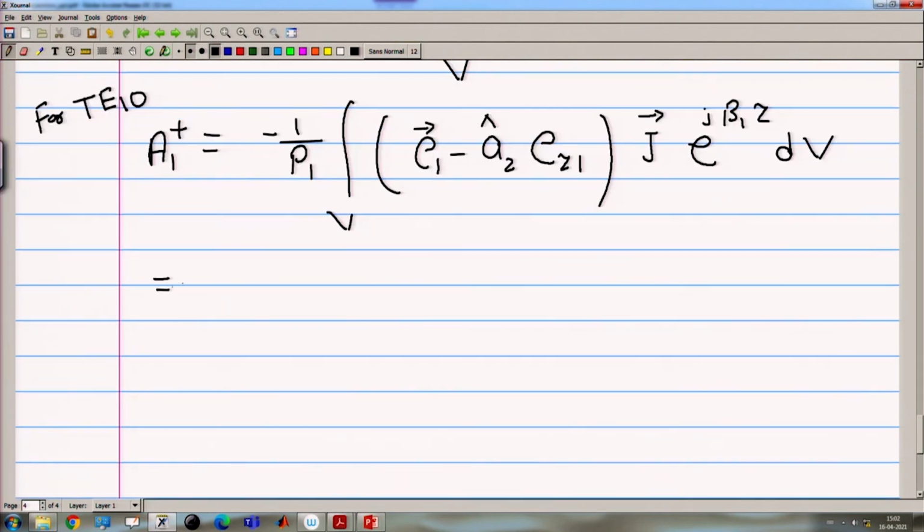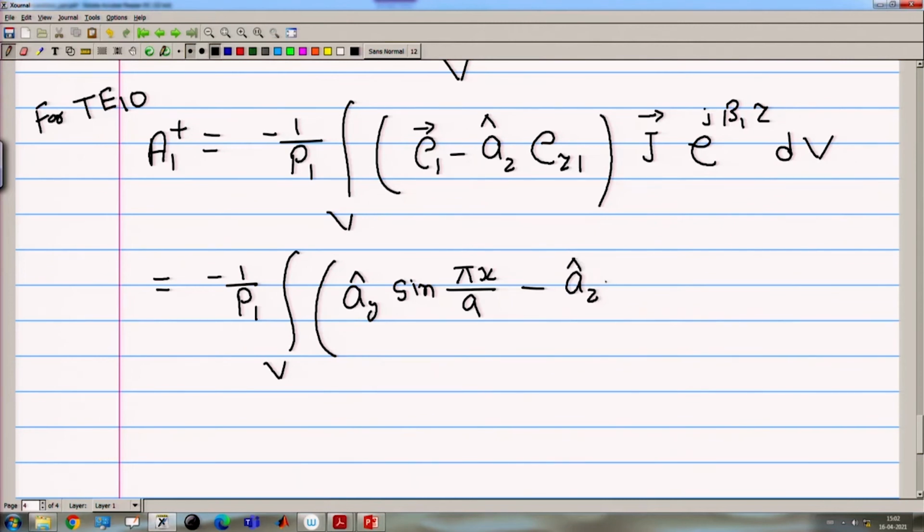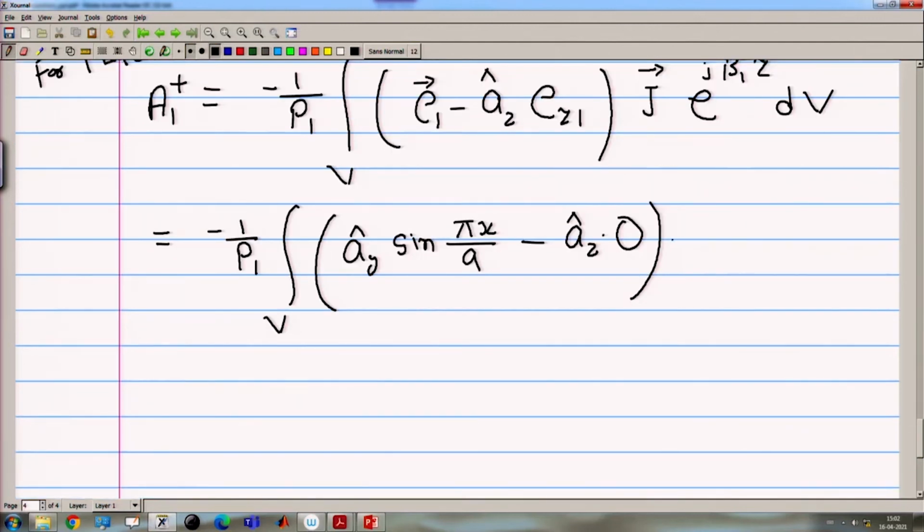So this will be minus of 1 by P1 volume integral, and E1 is a y-cap sine of pi x by a, minus Az, there is no z component, this will be 0, into, now we can substitute the value of J, that J value we have written at first.